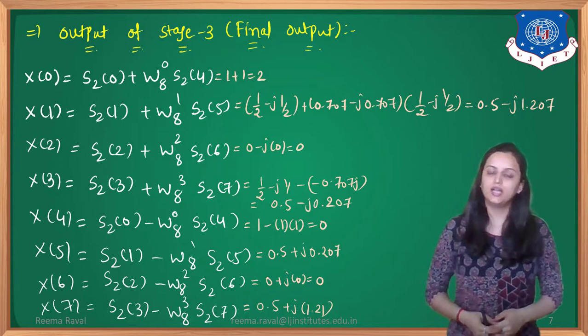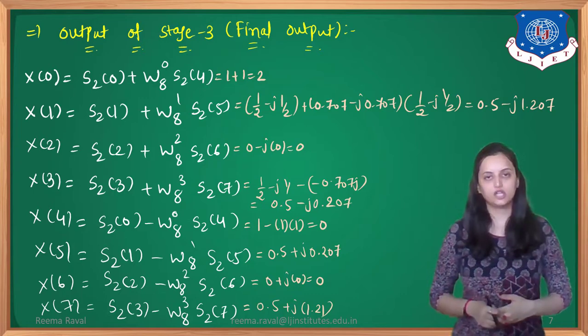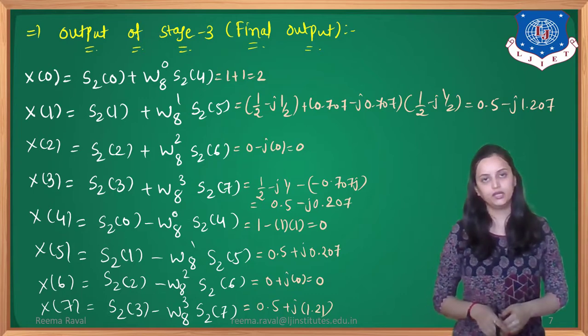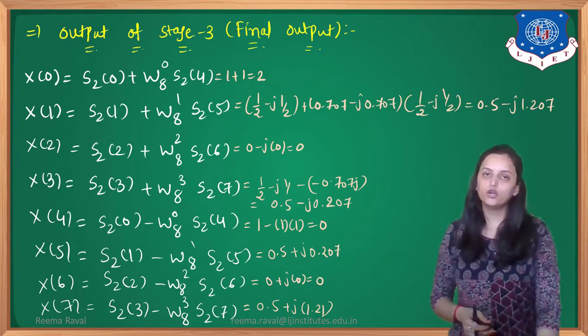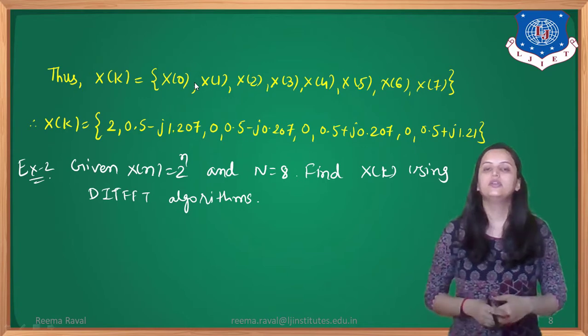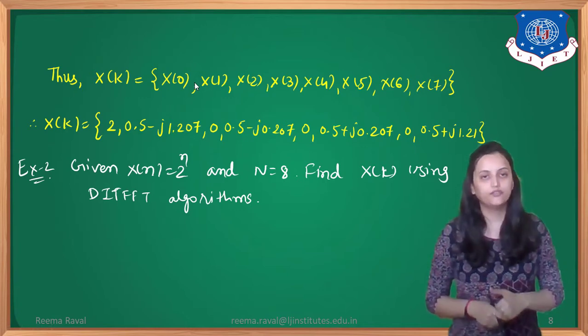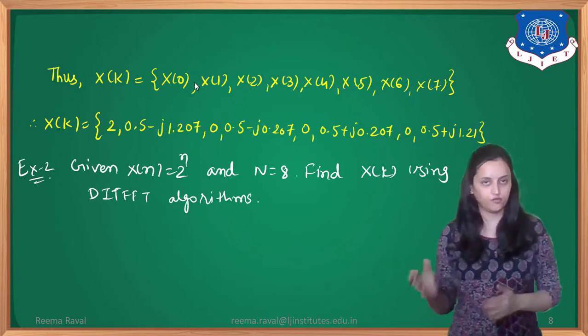So these are the final outputs of the DIT FFT structure for the given example, from x of 0 to x of 7. Okay? If you want to write down the final answer, we will write it like this: x of k equals x of 0 to x of 7.